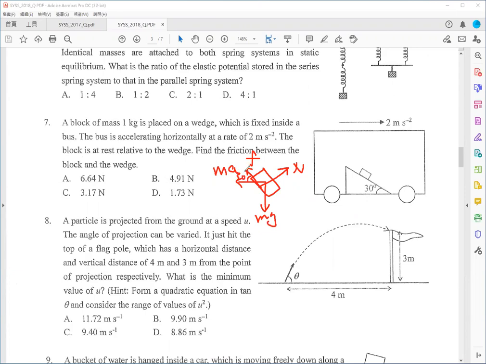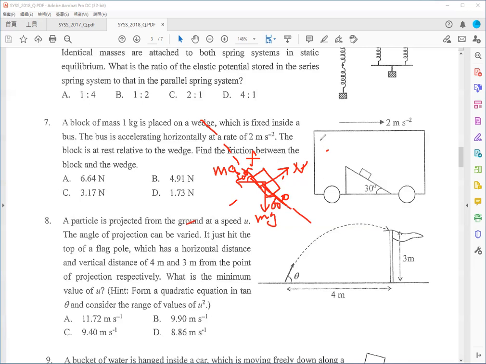So you know this is 30 degrees, so this is 60 degrees, and then you take all the forces along this direction and along this direction. Why do I take it like this? Because I don't know the magnitude of N, so I don't want to decompose the force N into two components.